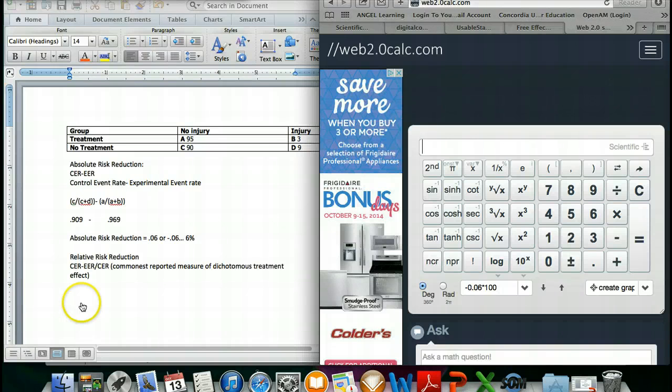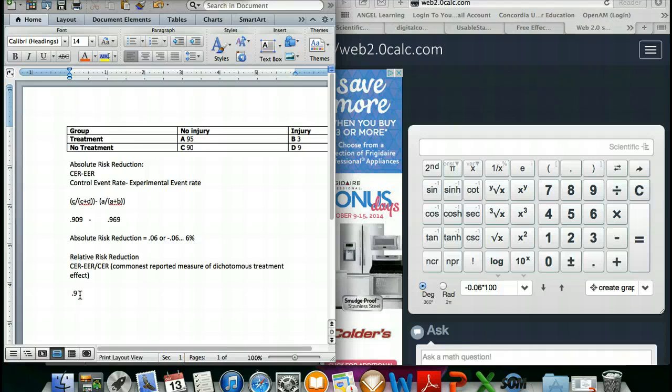So we know that CER is 0.909 minus 0.969, which we technically already know is negative 0.06.